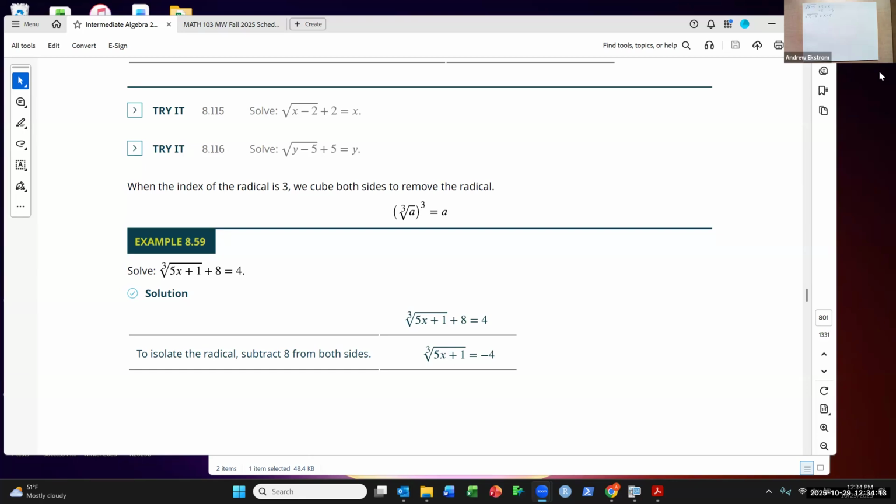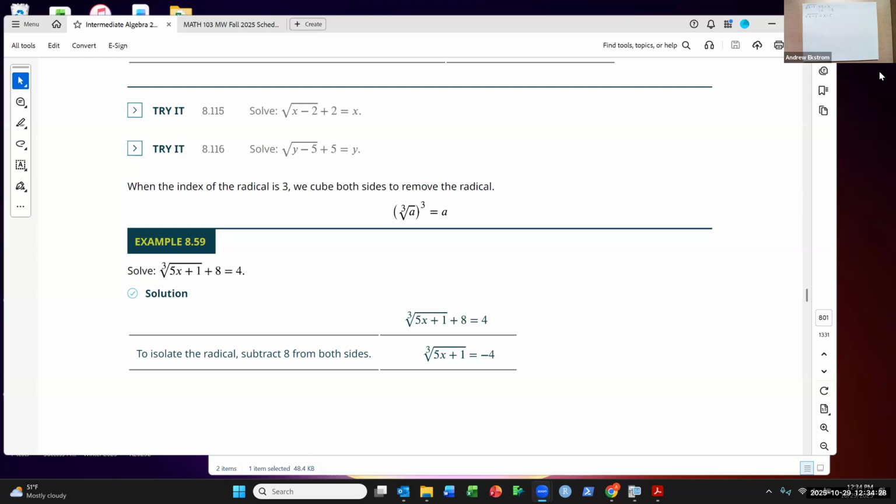Because whether we've got this or, like we saw in the next problems, a cubed root or a fifth root or a 90 bajillionth root or whatever, we can get the root on one side and everything else on the other.